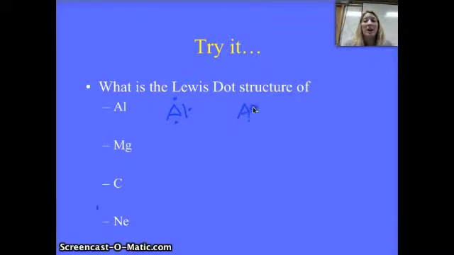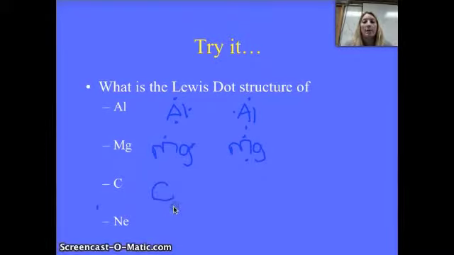Now it doesn't really matter if I put them here, here, here, or there, there, and there, as long as it's 3 and each side gets 1 electron before any get 2. How about magnesium? How many spots is it over? Well, if we count, 1, 2. Magnesium is in the second spot, so we'd give it 2 dots. Again, it doesn't really matter as long as each side gets 1 dot before any get 2.